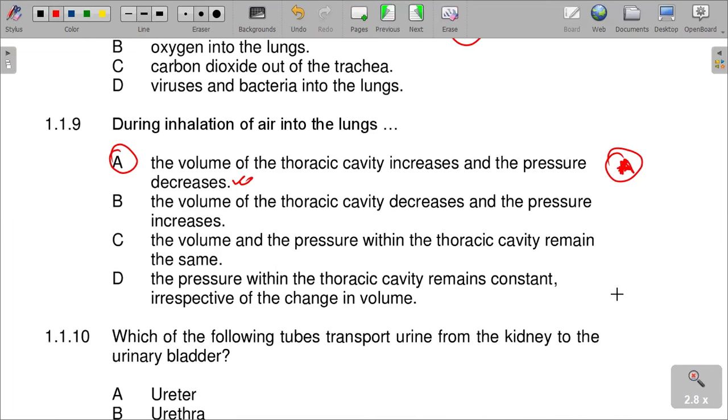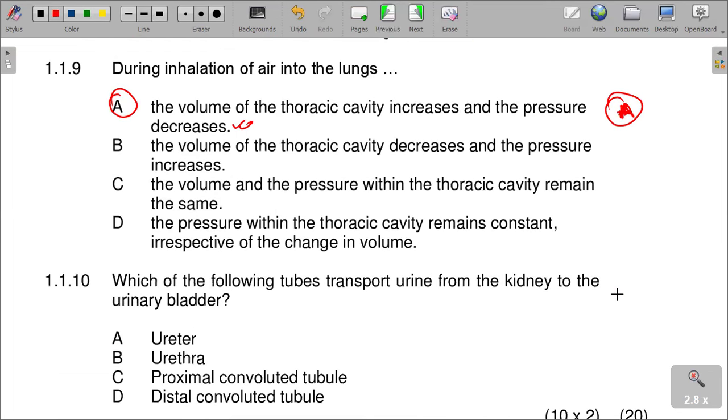And then number 10, which of the following tubes transport urine from the kidney to the urinary bladder?